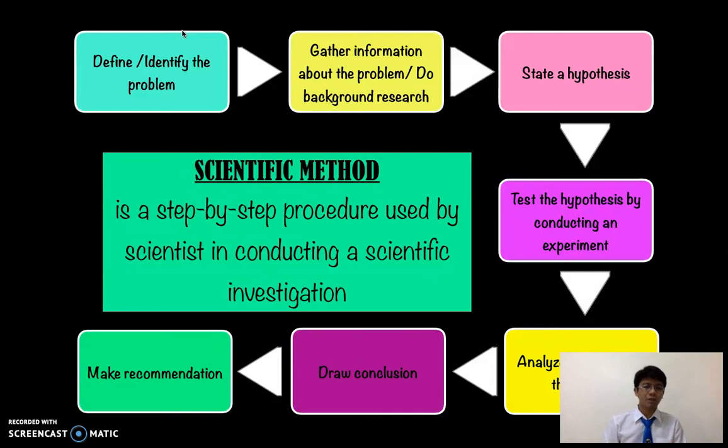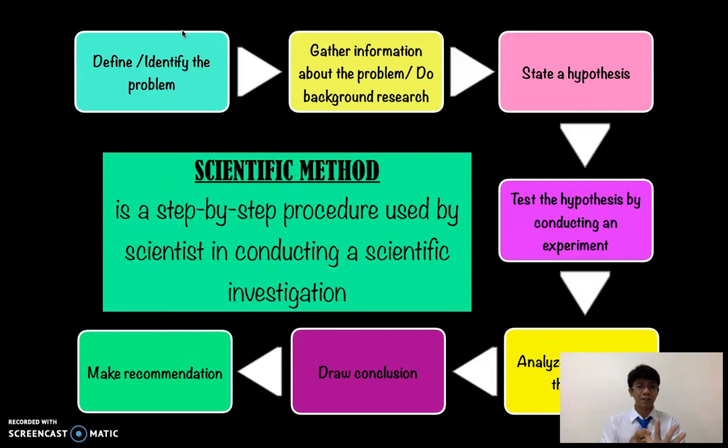If you're going to check the internet, or some books, they have added something, but I'm just giving you the basic one because these are really very important. So the first thing to do is to identify the problem. You gather information about the problem, then you state your hypothesis, then you are going to test if your hypothesis can be accepted or not by conducting an experiment.